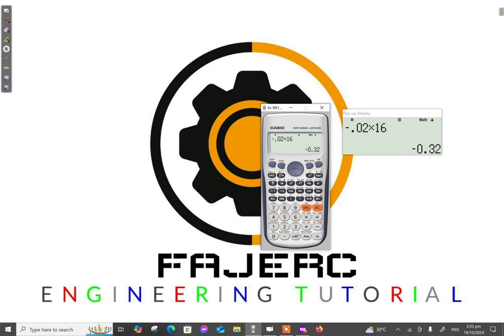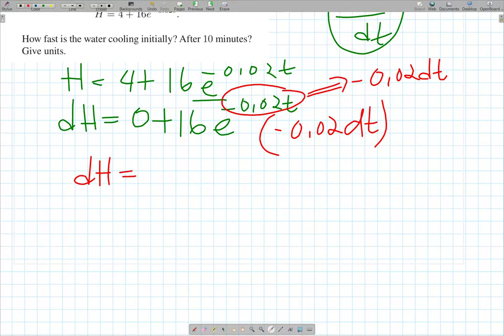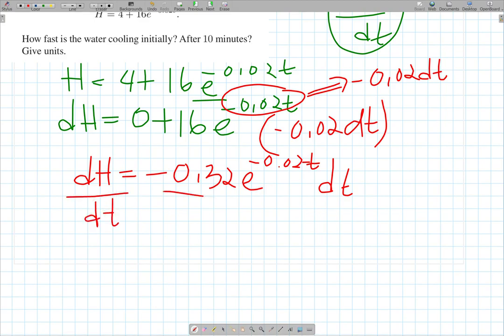How much? Negative 0.32. So negative 0.32e to the negative 0.02t dt. Right? So I am looking for dH over dt. So I have to divide this by dt, on both sides. They cancel out.